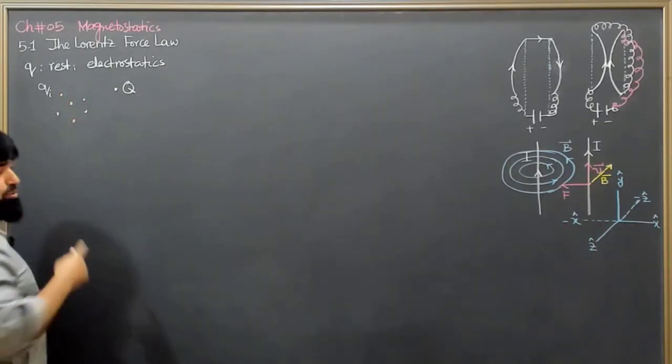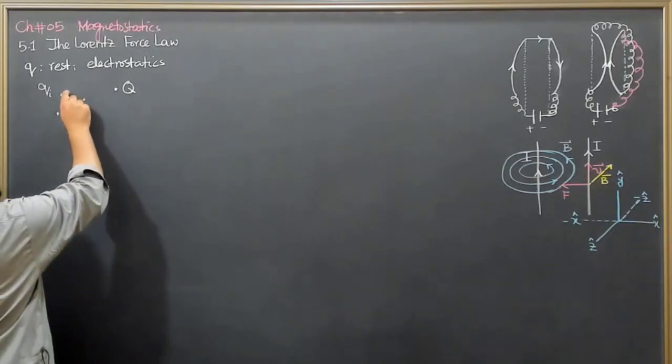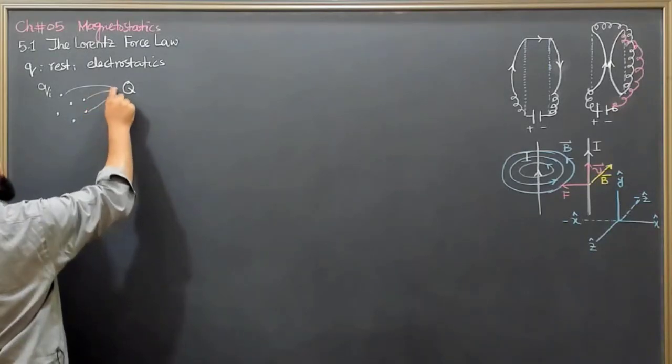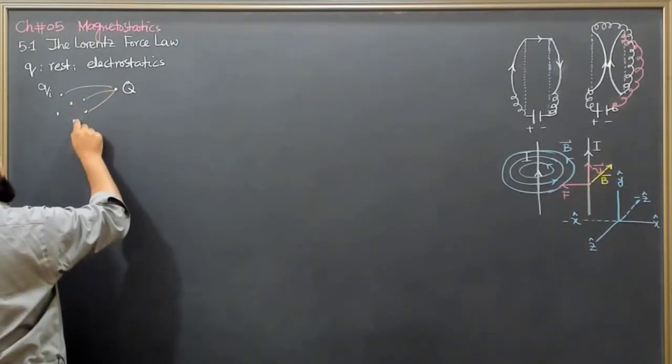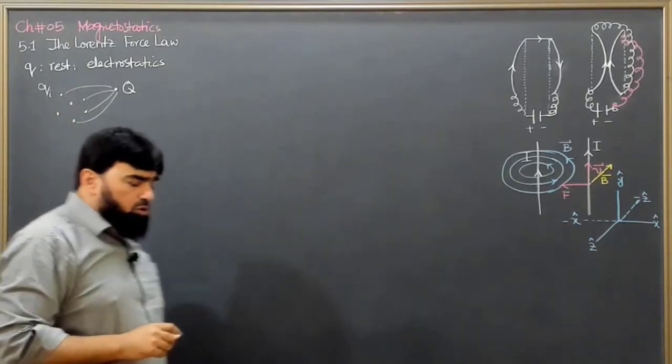The source charge may be one or more than one. So it will have force from this one and this one and this one, and we calculate all the forces by the superposition principle.